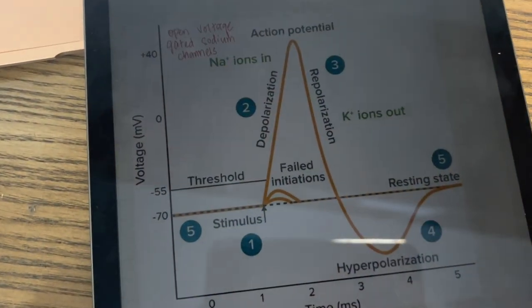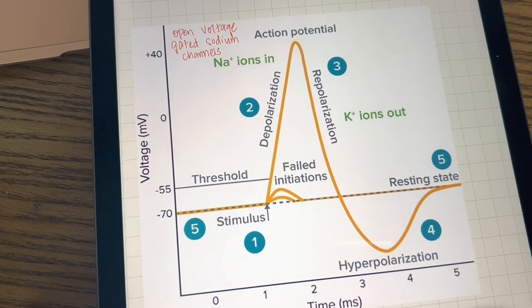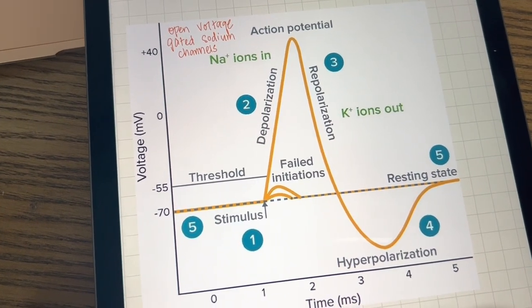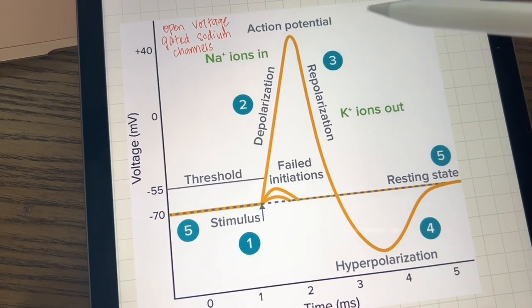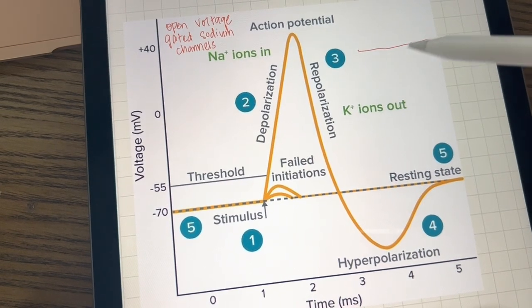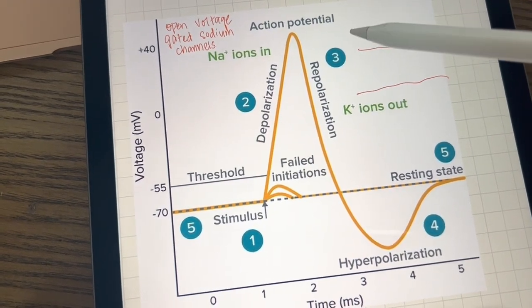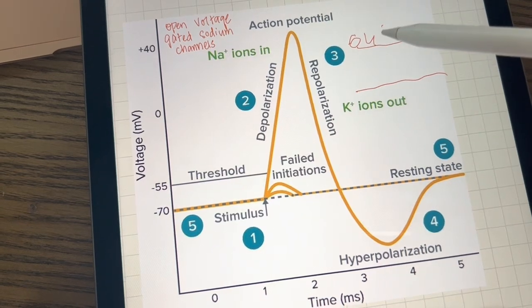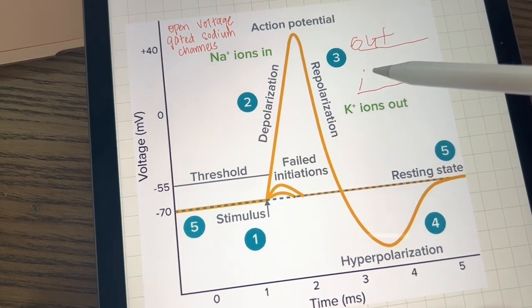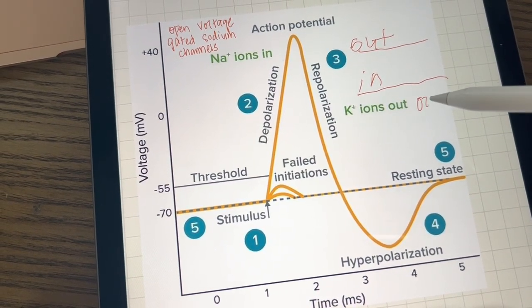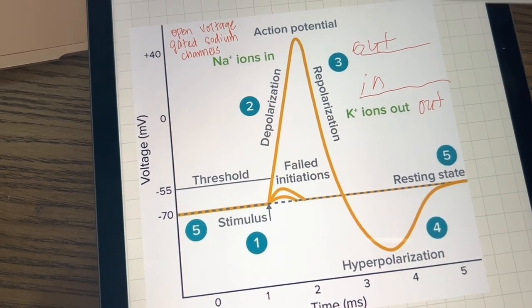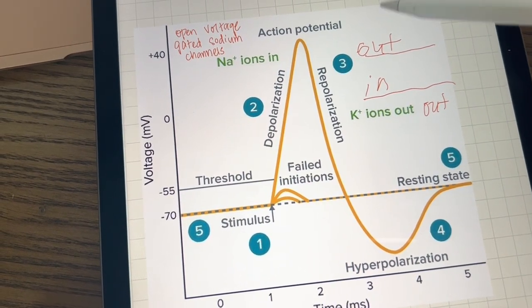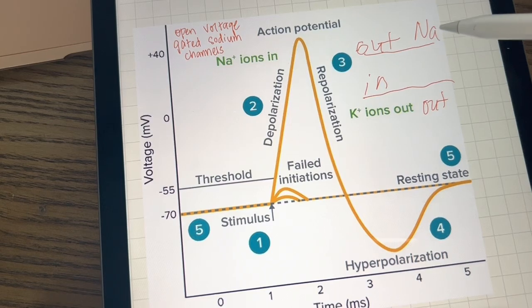So originally, there is a steep concentration of sodium ions present outside of the neurons. You can imagine this is the neuron, this is outside, this is in, and this is out. Initially outside, there are going to be a lot of sodium ions.